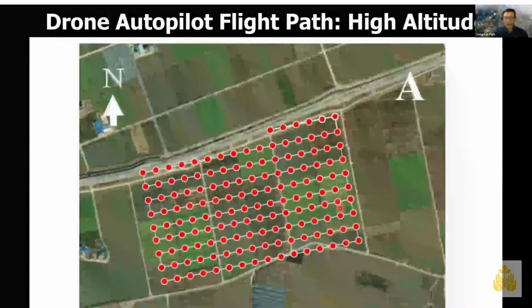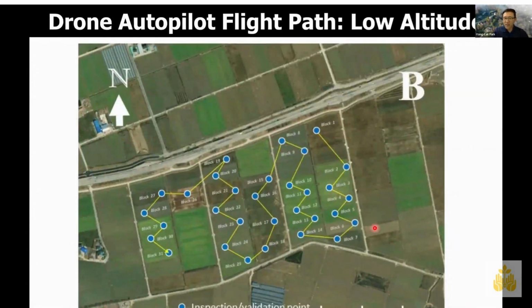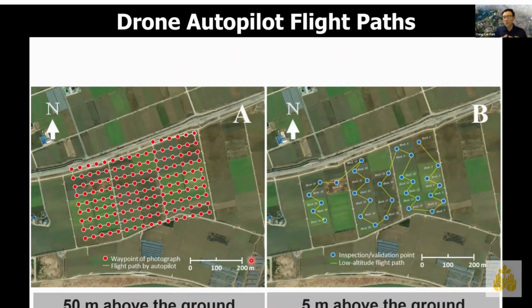We give this kind of path, and it takes pictures or videos while flying, so that we can make sure the damage is actually done by the insects, not other things. Having a 50 meter flight and a 5 meter flight, we can cover a large area and at the same time make sure about the insect feeding damage.